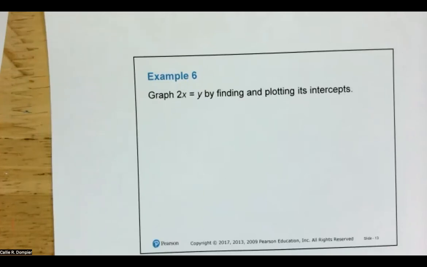Example 6 says graph 2x equals y by finding and plotting the intercepts only. Okay.